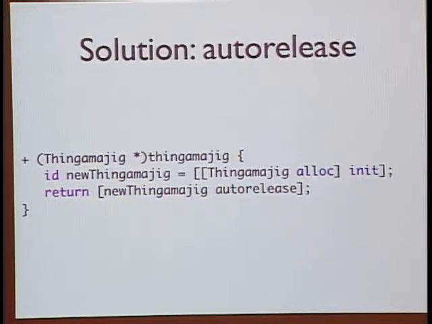So these are those situations where you want to take ownership of an object you didn't create. So you would send it a retain, maybe using your property, right? So we have our property, and it happens to have the setter semantic of retain, and so we'd have myObject.property equals thingamajig. At that point, thingamajig will get a retain put on it, and so its retain count goes up to 2.